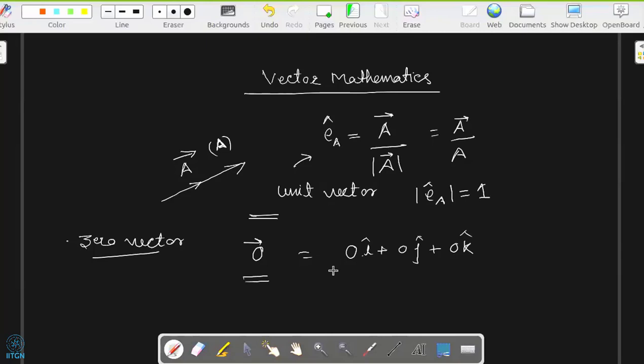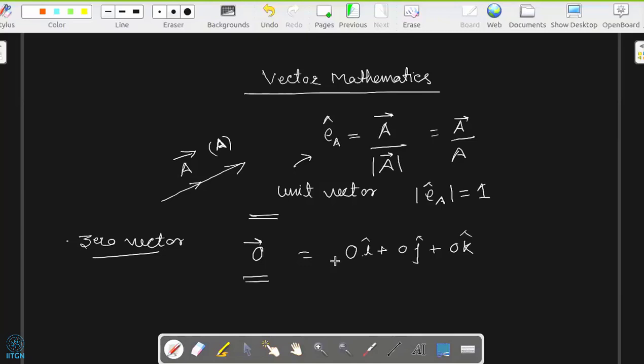And we may have a force where all the components are 0, then it is a zero vector. Though it does not have great significance magnitude-wise, it has its own importance, and we will discuss that later also.